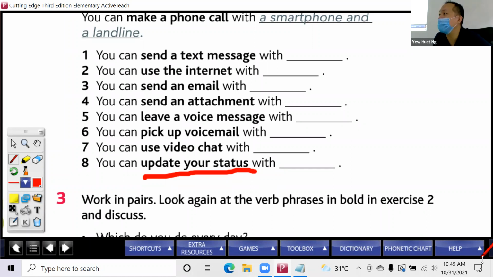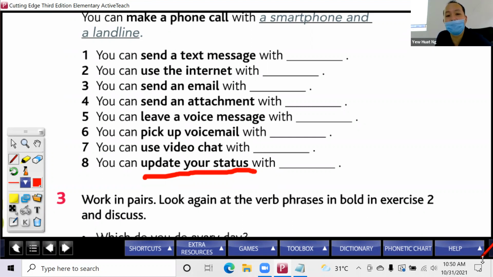Update your status. Example of status. Sure.